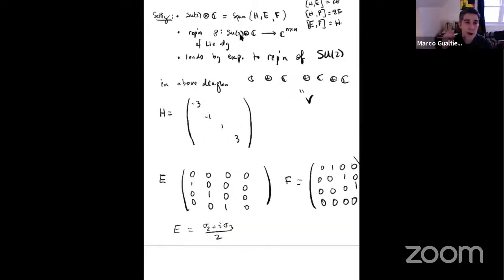So instead of using the Pauli matrices, which are the self-adjoint observables, we're using weird complex linear combinations of them, which are not physical in quantum mechanics. So these here are self-adjoint, but E is not. It's not an observable. So this is a mathematical method for classifying the representations.